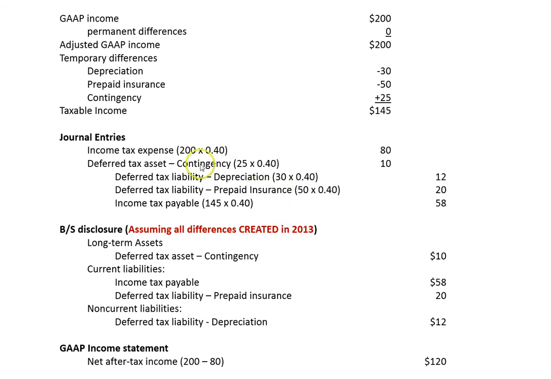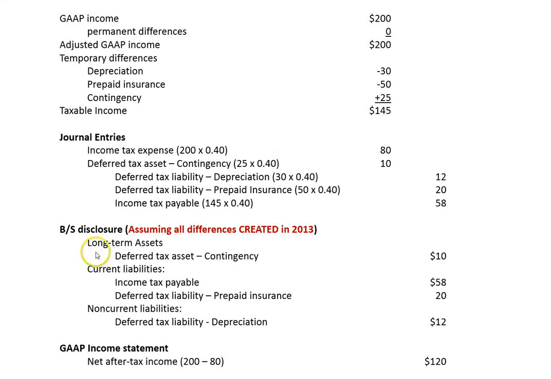And then the contingency, once again, we have to exercise our judgment. When do we believe that that contingency will be settled? If we believe the contingency will be settled in less than 1 year from our current balance sheet date, then it would be classified as a current asset. If we believe that it's going to take more than a year for that contingency to actually come about, then we would classify it as a long-term asset.